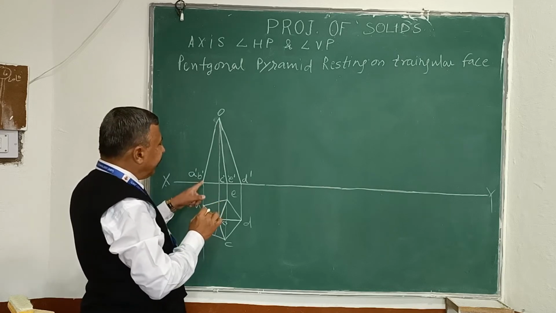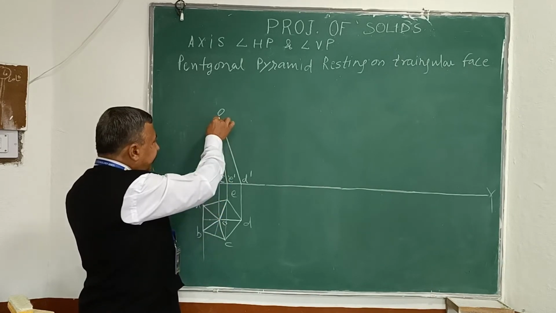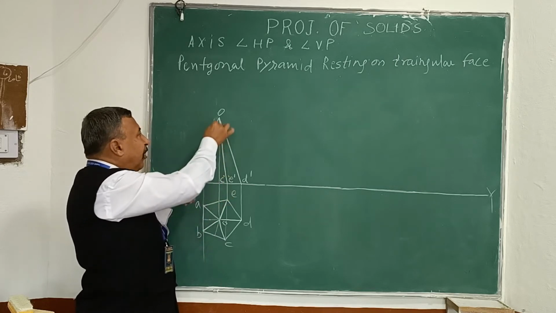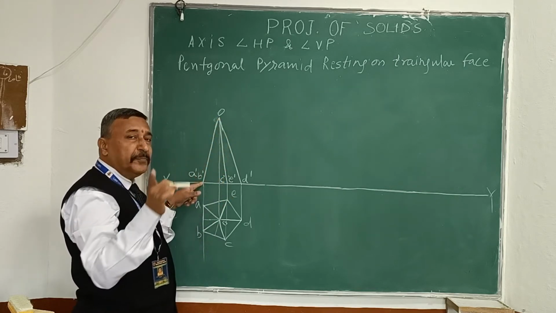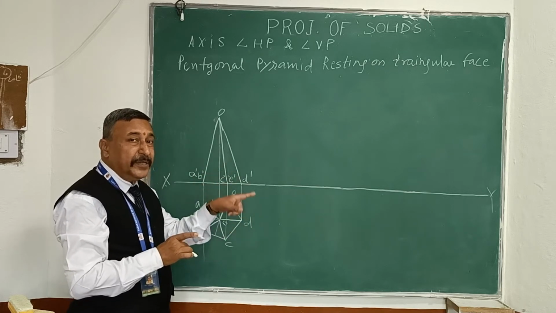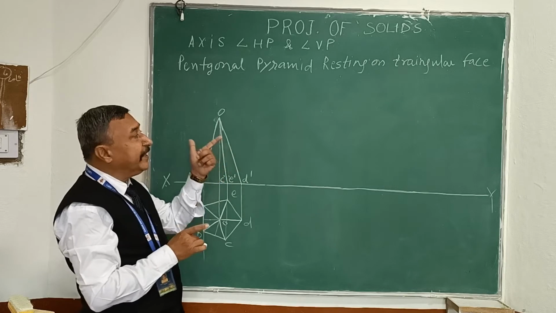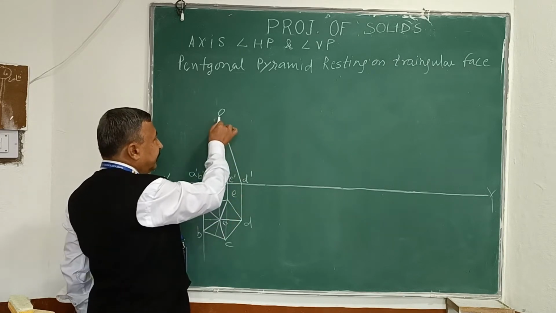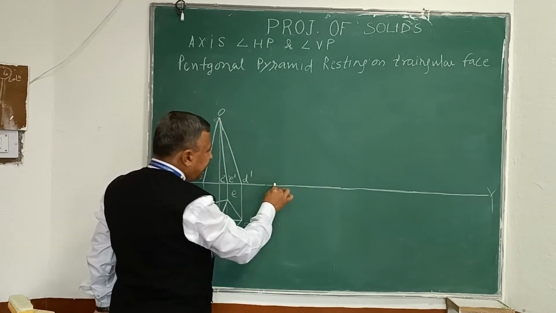So we can rest this line on XY. When we draw this line, which represents this face, on XY, that means the axis is automatically inclined from HP. Now how? See here. Take a point O here.